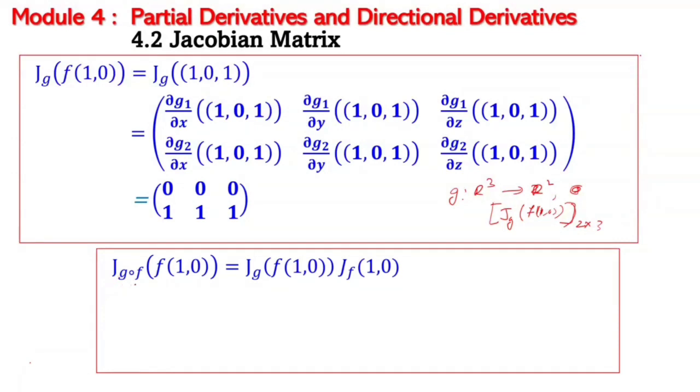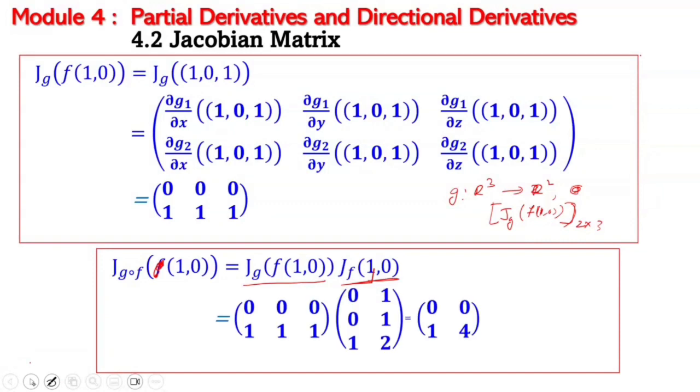So the Jacobian of g composition f at the point (1,0) will be the Jacobian of g at the point f(1,0) times the Jacobian of f at the point (1,0).